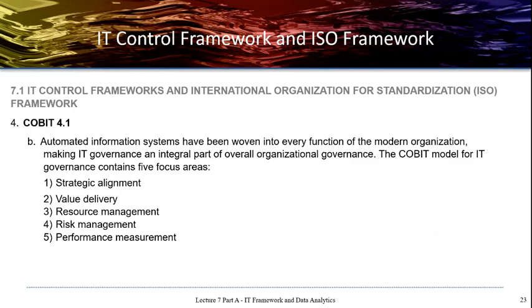So COBIT 4.1: automated information systems have been woven into every function of the modern organization, making IT governance an integral part of overall organizational governance. The COBIT model for IT governance contains 5 focus areas: strategic alignment, value delivery, resource management, risk management, and performance measurement.